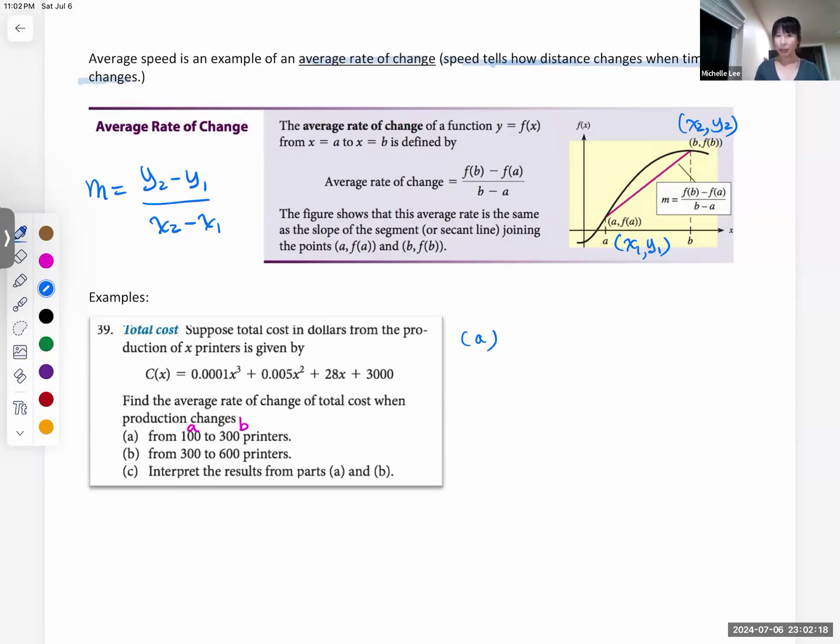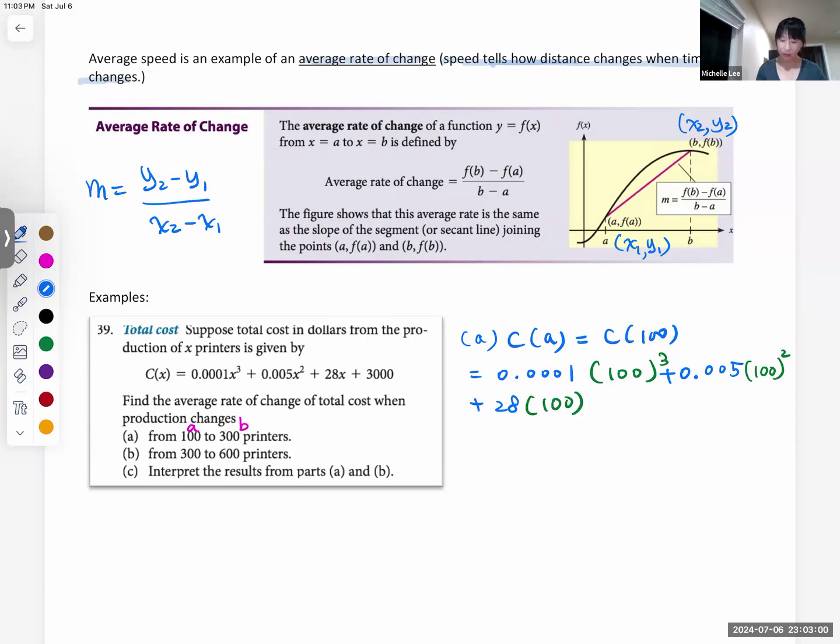So in that case, it's C of a, C of b. Yes? All right, so C of a, which is C of 100, which is 0.0001, and substitute 100 to the third power plus 0.005 times 100 squared plus 2800 plus 3000.